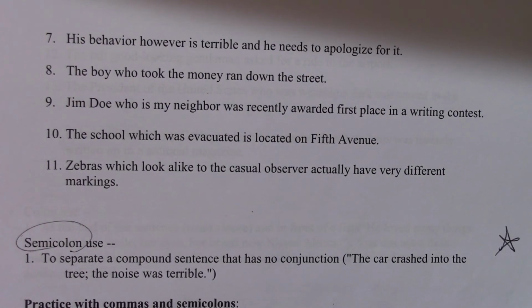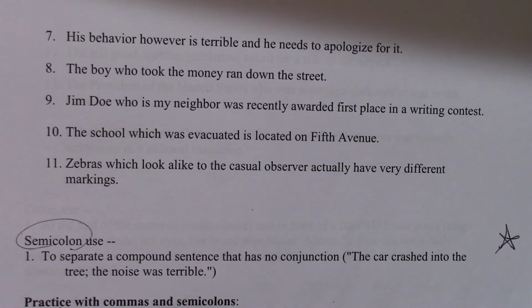Okay, let's finish up these sentences on comma uses, 7, 8, 9, 10, and 11. Number 7, his behavior, however, is terrible and he needs to apologize for it. Do you see how that word however is breaking up the first part there? His behavior is terrible. What's however? Does that sound familiar? That's another transition. So we're going to say his behavior, comma, and how far does the transition go? It's just one word. So we're going to put another comma after however.